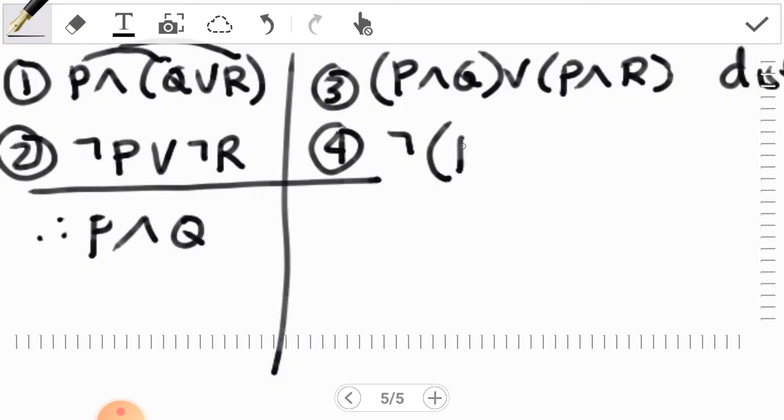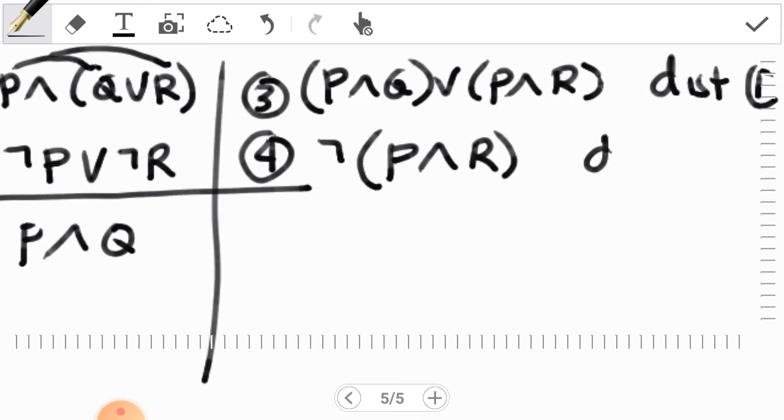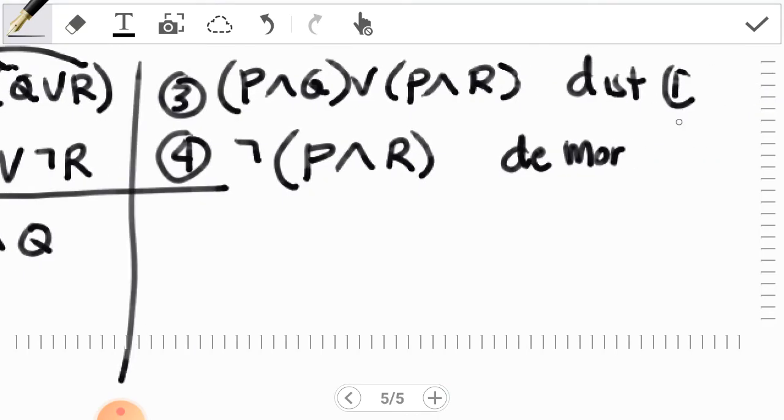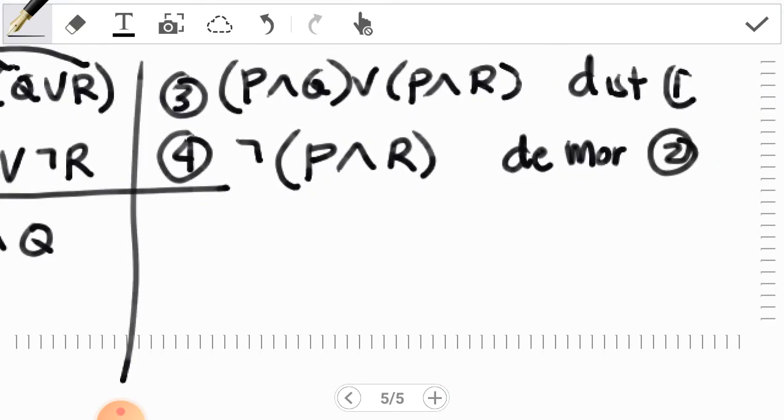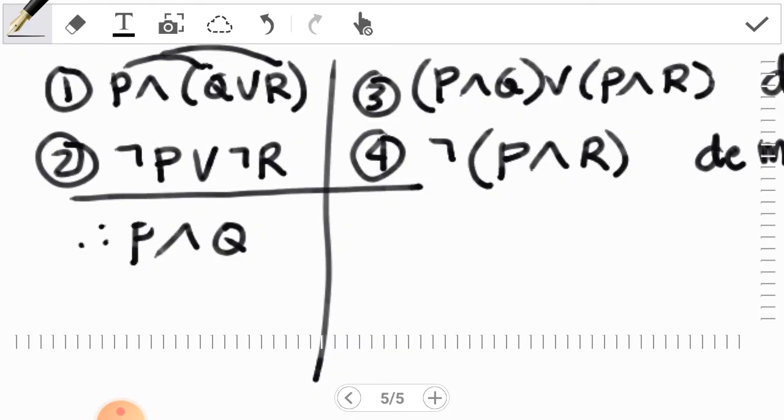That becomes not P and R. This is just De Morgan's of premise number 2.